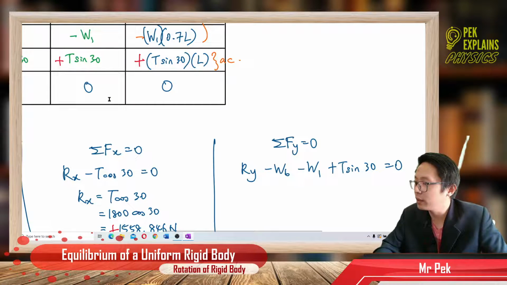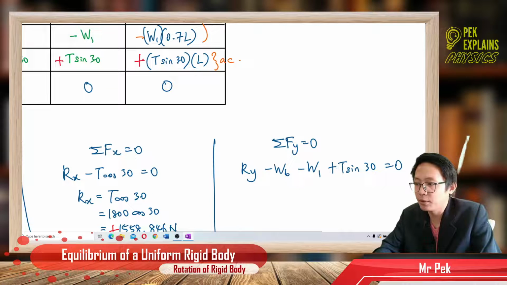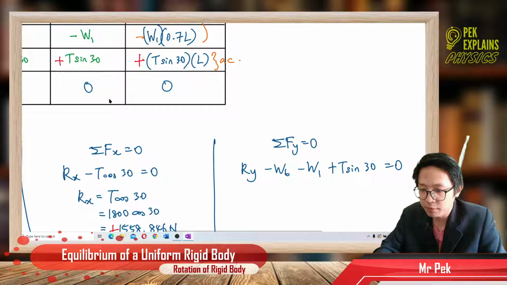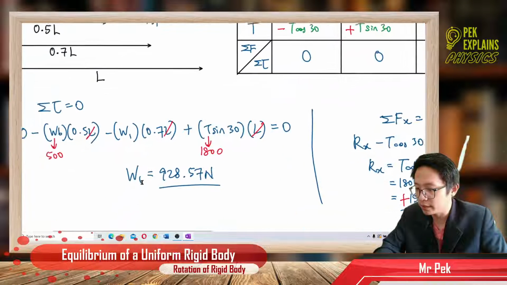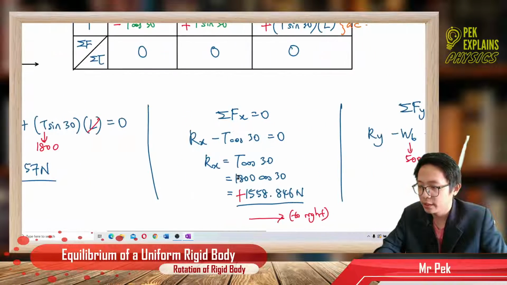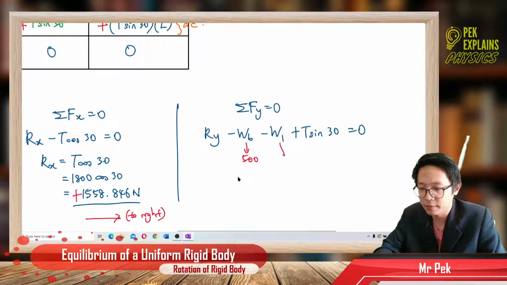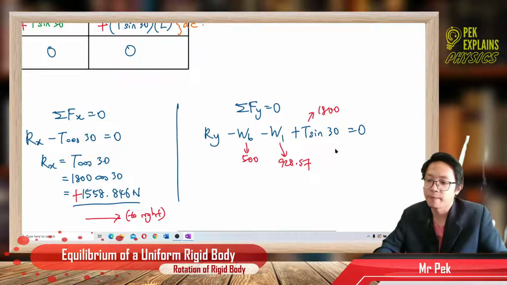So what I have is the Wb is 500. The W1 I got just now. W1 is 928.57. So I just substitute 928.57. And then the tension is 1800 just now.